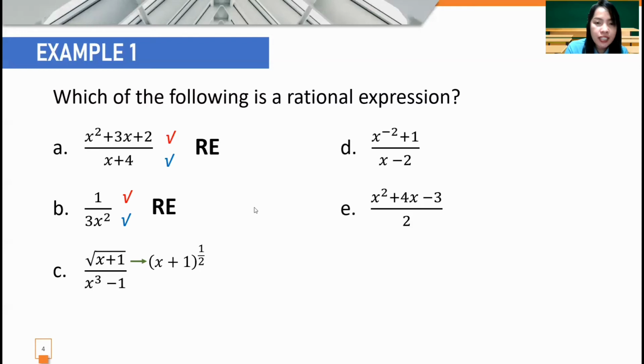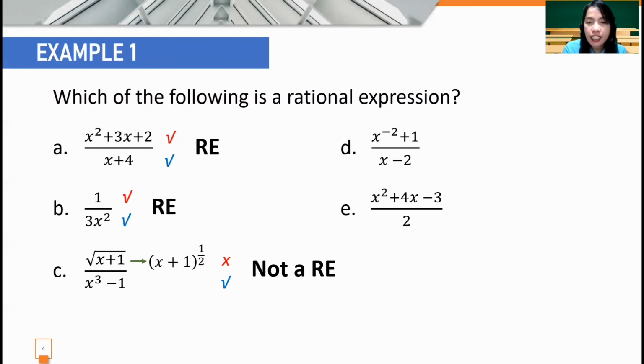As you can see, the exponent 1/2 is not a positive integer. This is already a non-integer number. Since na ang numerator ay hindi polynomial kasi may exponent na non-integer which is 1/2, so masasabi na natin na ang letter C ay not rational expression.